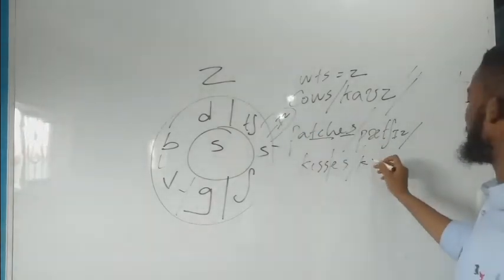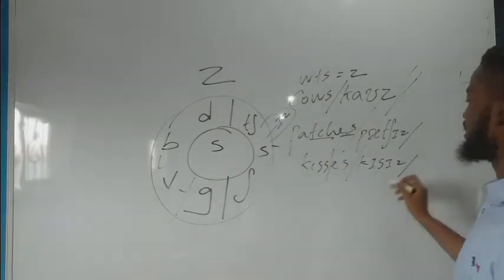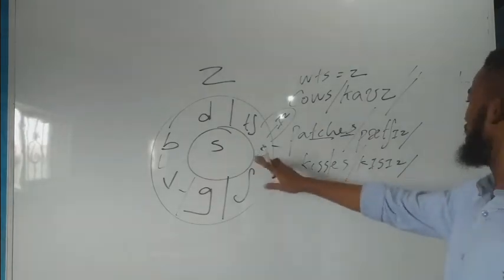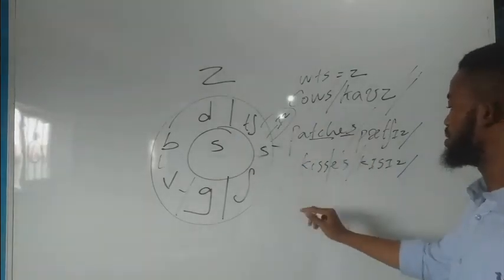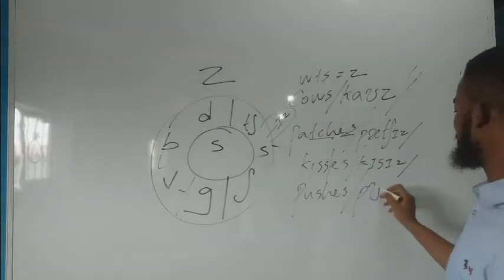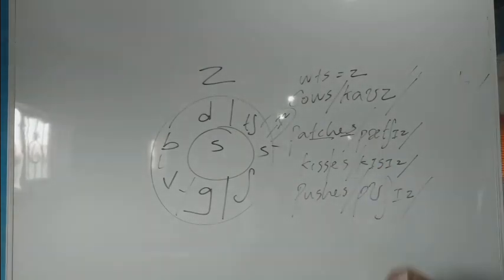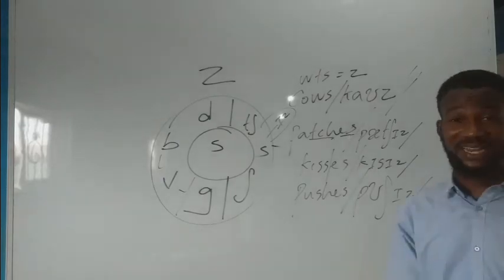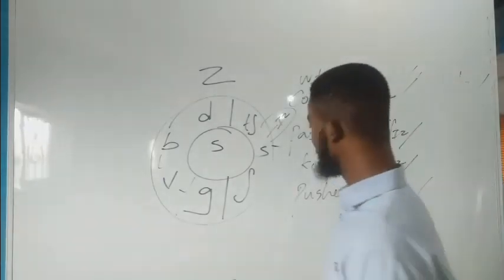This is going to be pronounced as kisses. The same thing with sh. If I have P-U-S-H-E-S, this is going to be pronounced as pushes. So what you would realize is that S is liable to turn to Z in many words, and Z is also capable of being silent in certain words.